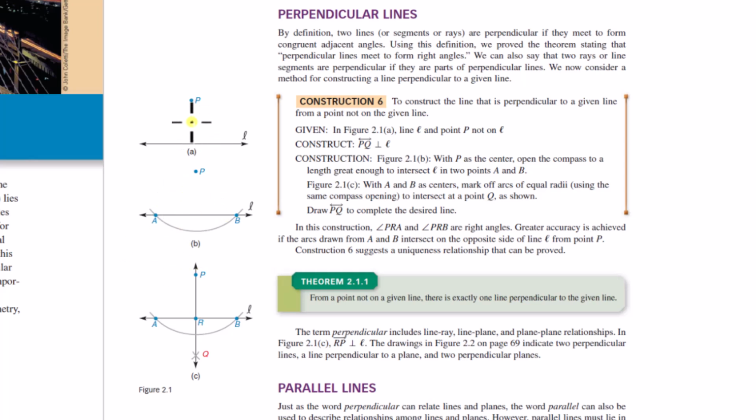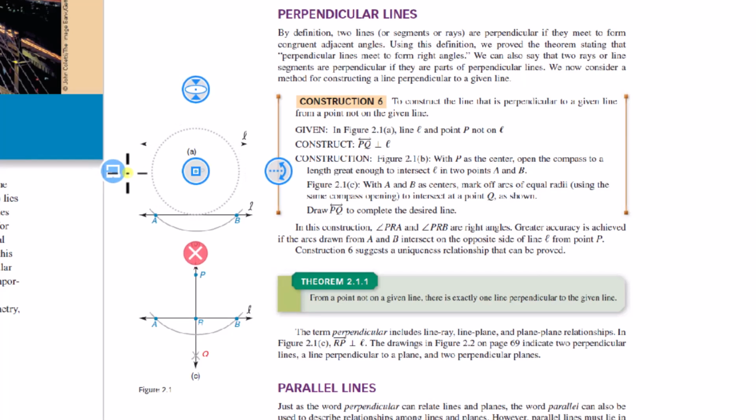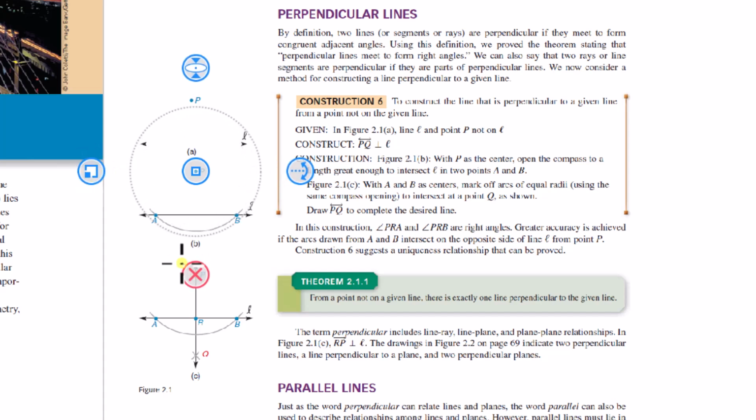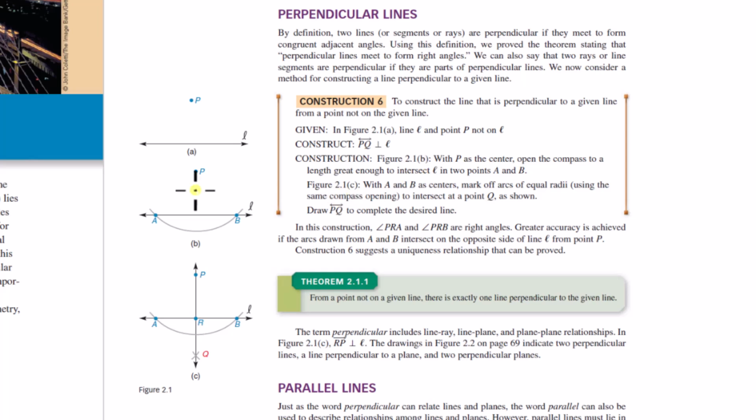You wouldn't want to put the radius of the compass here, because then when you drew it, you would get this. It would only intersect at 1 point. So you want to make it big enough to where you can intersect it at 2 points. Any of these would work. Then you draw an arc going through 2 points.